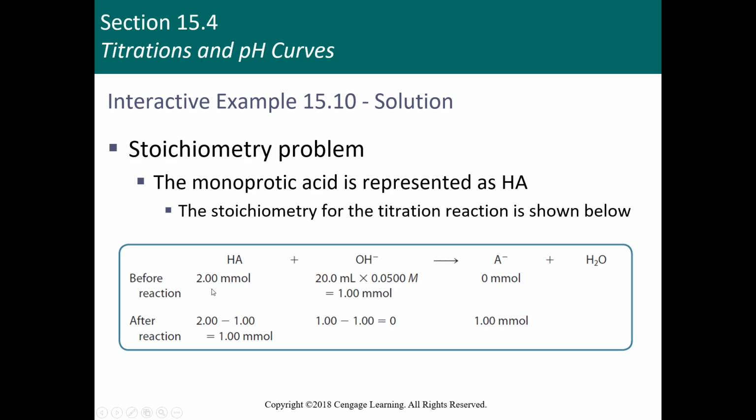So what we see here is that we have used up 1 millimole of those 2 millimoles of HA, leaving us with 1 millimole of HA. We use up all of our OH minus because that's the titration, right? We're using up our OH minus to convert it to the base. And finally, we're going to have made 1 millimole of our A minus. Again, that's just this amount right here, right?